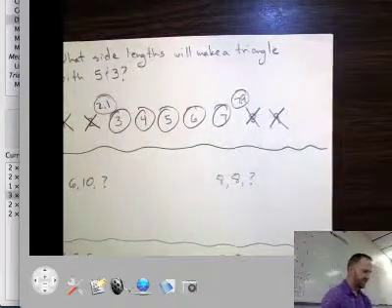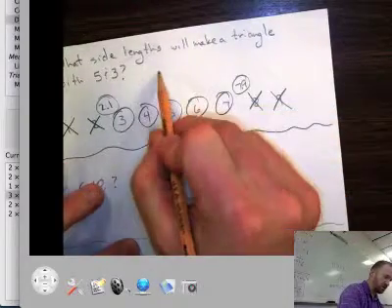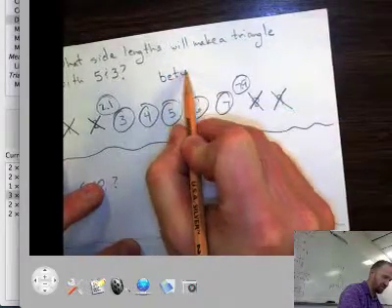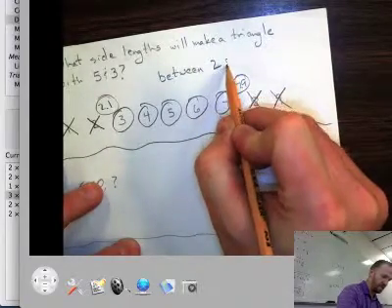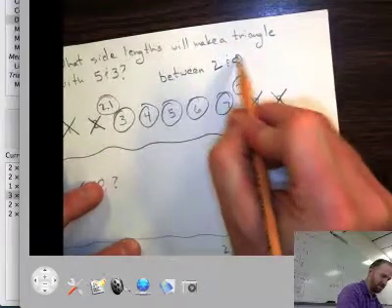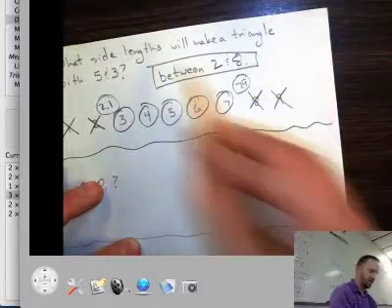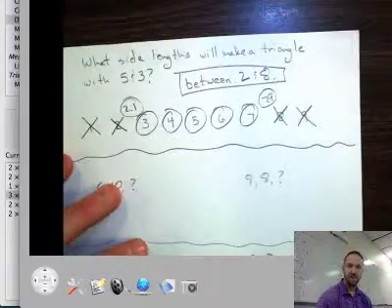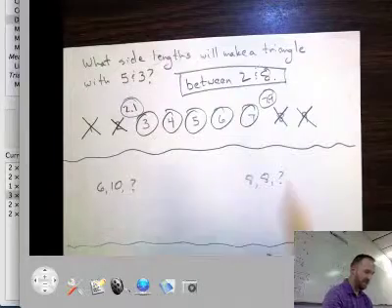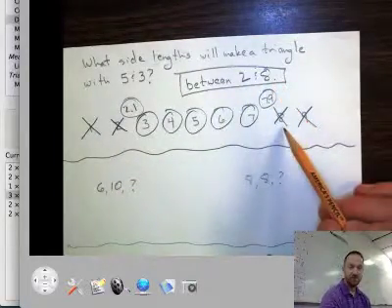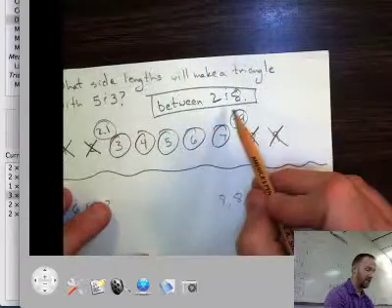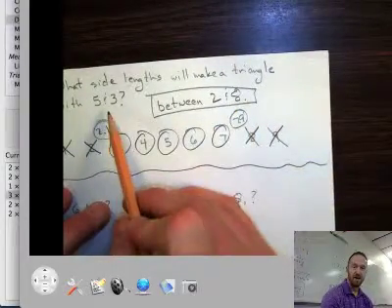So really, it's numbers between 2 and 8 that make a triangle with sides that are 3 and 5. Okay, so any number that's between 2 and 8, not 2 because that made a straight line, not 8 because that made a straight line, but any number between 2 and 8 will make a triangle with 3 and 5.